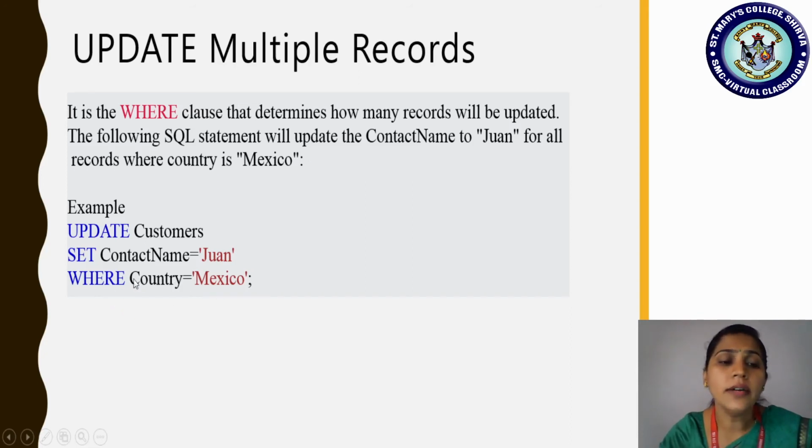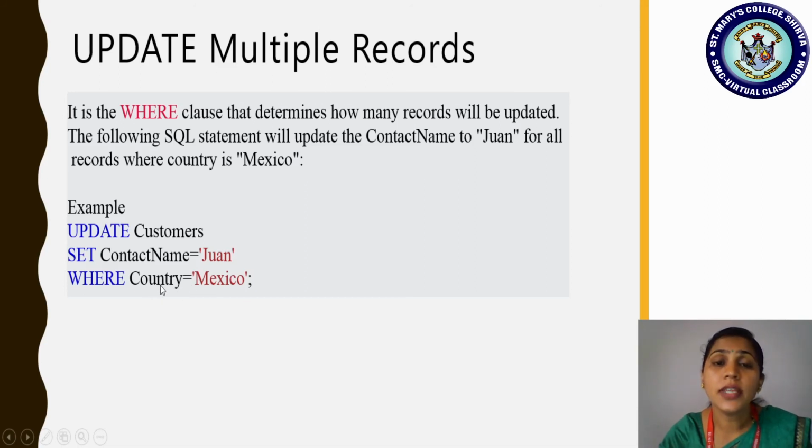Update the customer table, set the attribute contact name to the new value Jan. For multiple records, if you want to specify more than one record, you specify the condition with the help of a where clause, where country equal to Mexico.